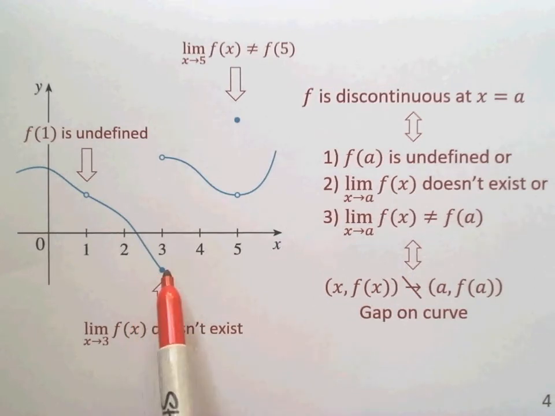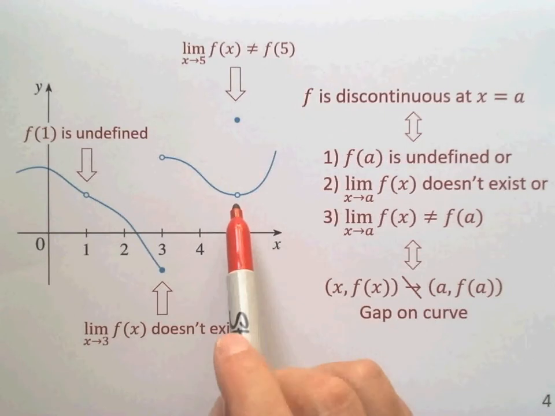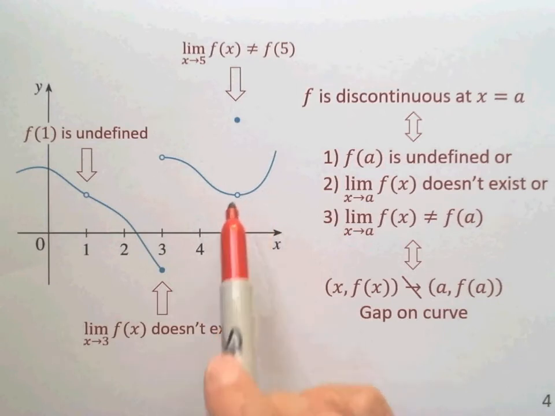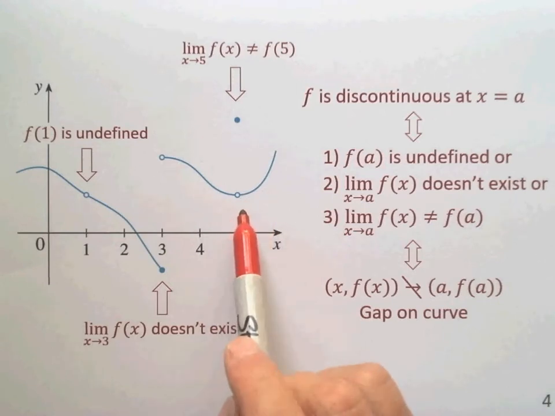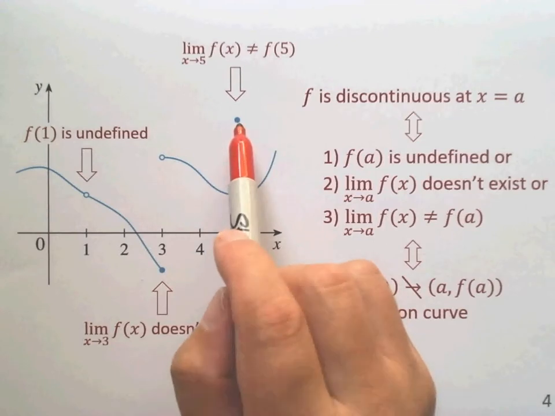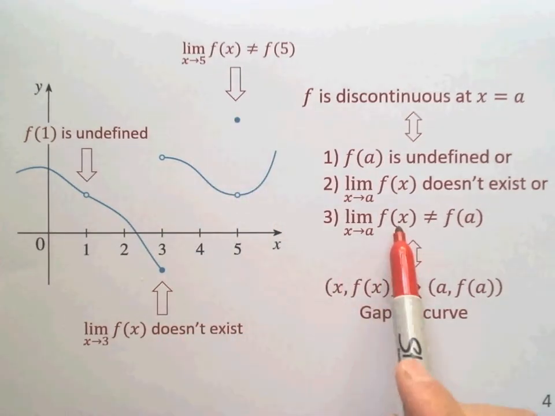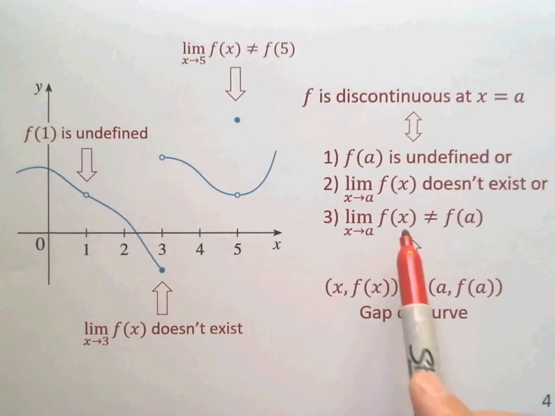How about the third example? The function f is discontinuous at x equals 5. Why? Because the left limit equals the right limit, so the limit exists. However, the limit does not equal the value of the function. The value of the function jumps to there, which means the third condition is not satisfied.